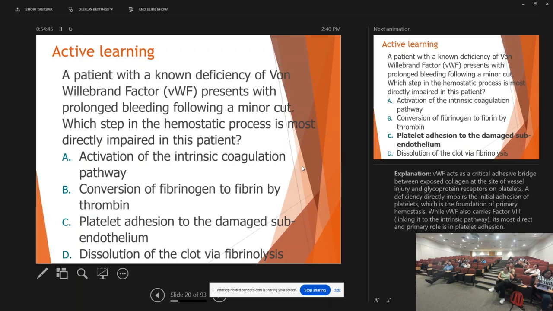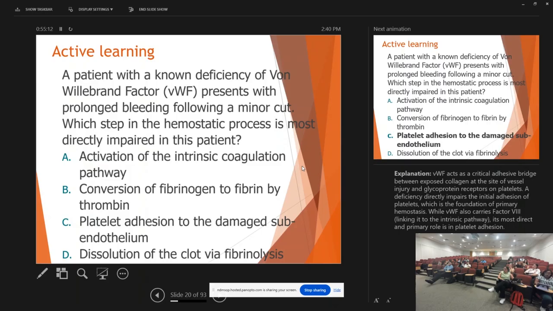The other options: activation of the intrinsic coagulation pathway. That's not part of intrinsic. What is it part of? Platelet is outside of the cascade, right? It's not in the intrinsic or extrinsic. It's like a distractor here.